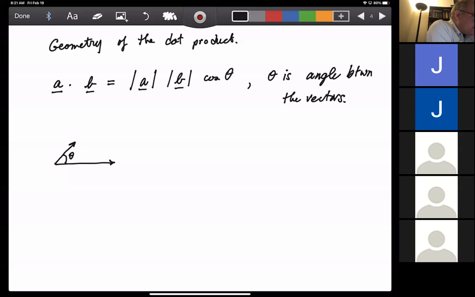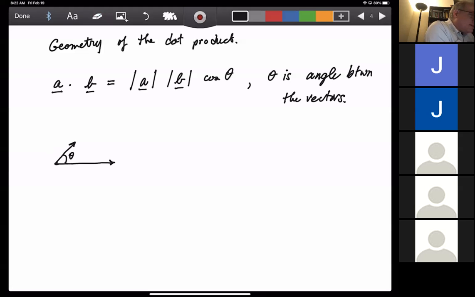The angle that I showed here, not the angle here. And you can see where this is coming from with a little bit of work.